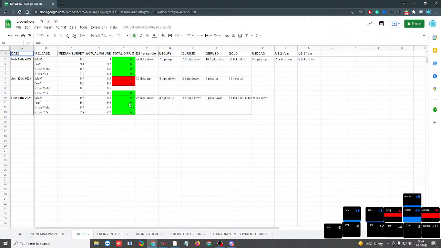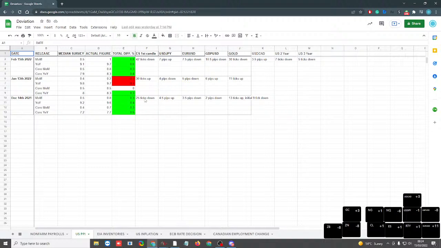Then back in December, where we'd seen about a 0.3% deviation from the forecast figure or the median estimate, there was a reaction, but it wasn't as strong from the markets as we had seen.